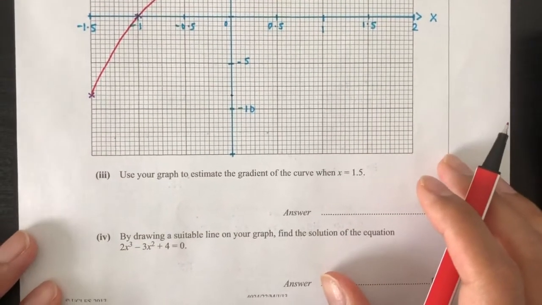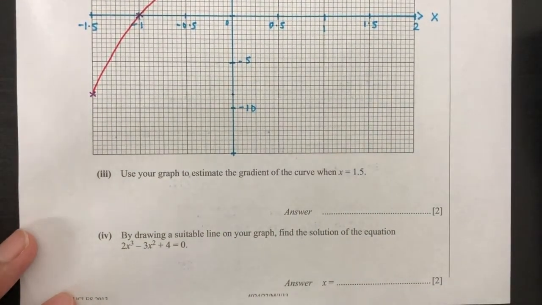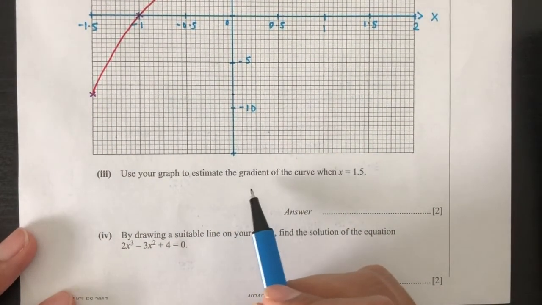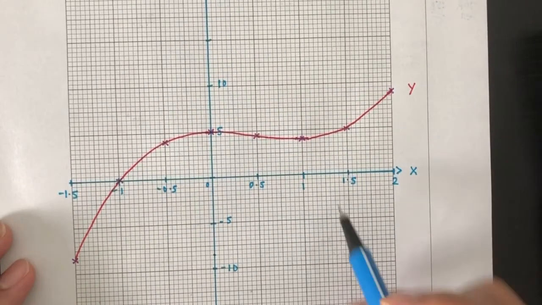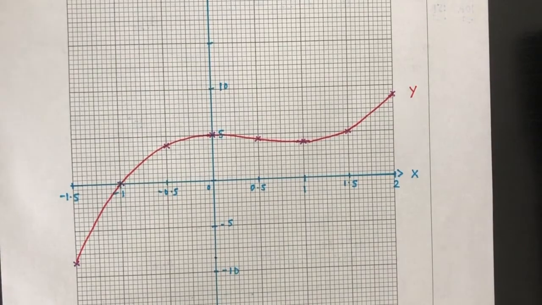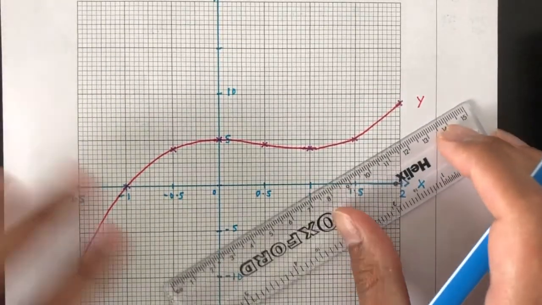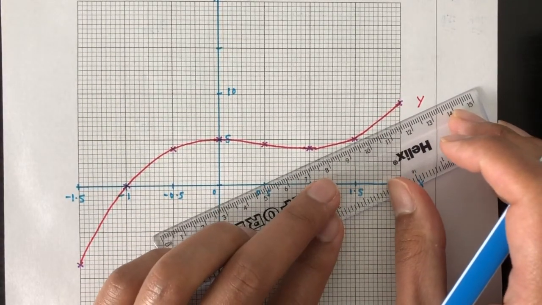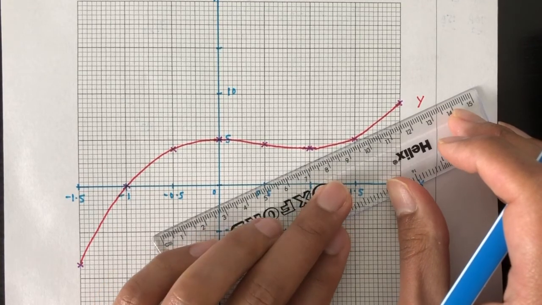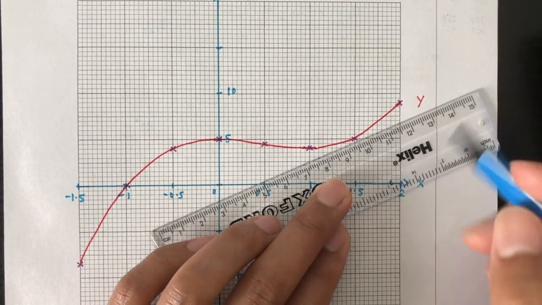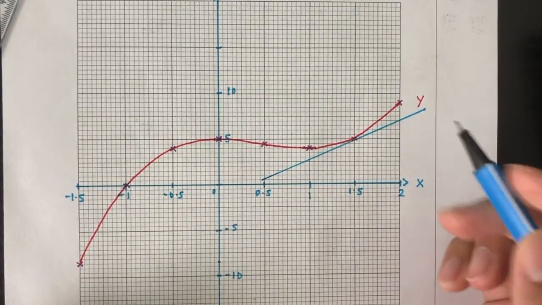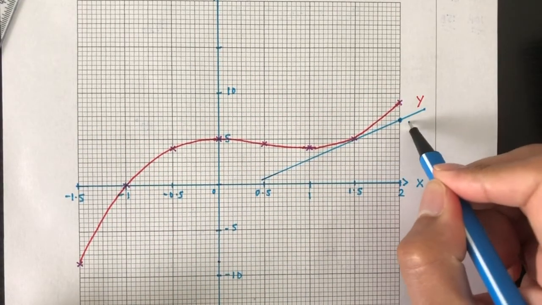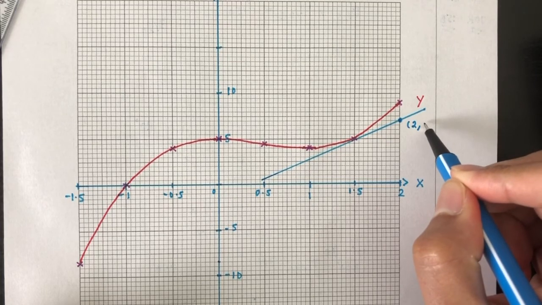Now question part 3. Use your graph to estimate the gradient at the point x equal to 1.5. So 1.5 will be right here. So we have to draw a tangent to the point to find the gradient. It will be about, I would say, about this point. Right. So I will take a point here, which will be 2, and then 10 will be 7.